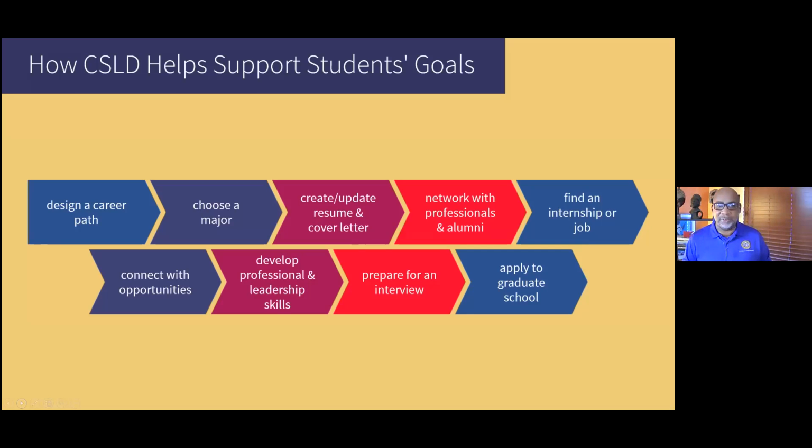Those workshops, things like designing a career, choosing a major, yes, we help you with that too. Yes, the basics of updating a resume, but also networking with professionals and alumni. One of our primary platforms to do that is called Gator Connect.